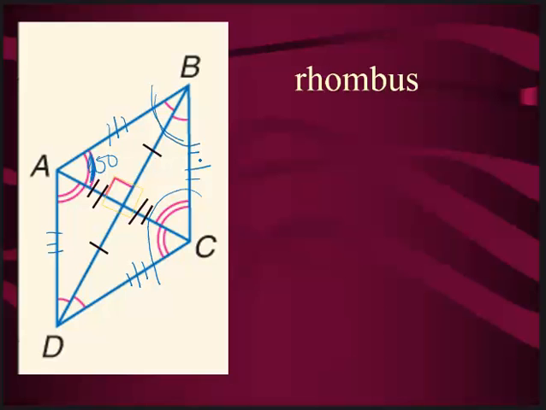What is this angle? Well, if I know this is 50, I know this is 50. So together they're going to be 100. And since these are consecutive angles, they have to be supplementary. If this is 100, this has to be 80. This whole big angle has to be 80. So what would these individual angles be? 40 and 40. So that's an example of how you would use these relationships to find some missing parts.